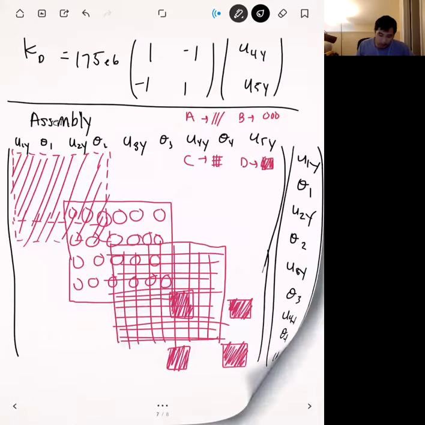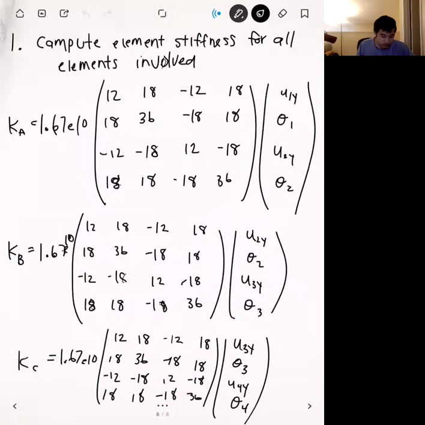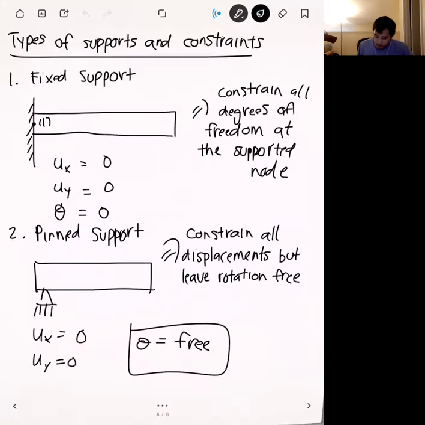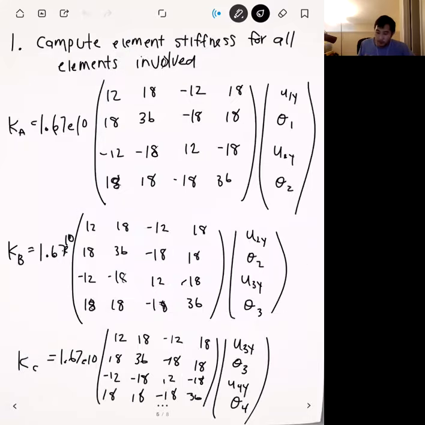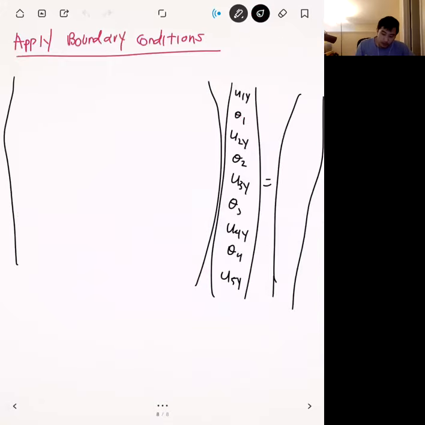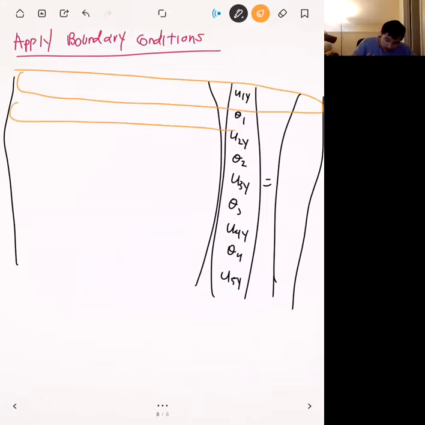Right? And so let's go back to our original problem. And we can see here that we have a fixed support at node 1, we have a fixed support at node 5, and then we have a load of P that's acting on U4Y. Okay. And so let's go ahead and implement all of those into our matrix here. And so first, let me circle all the rows where we need to apply our fixed constraints.